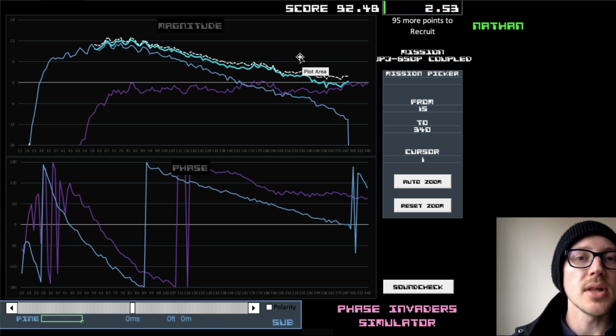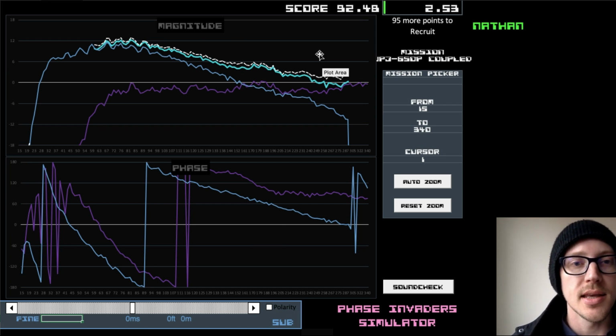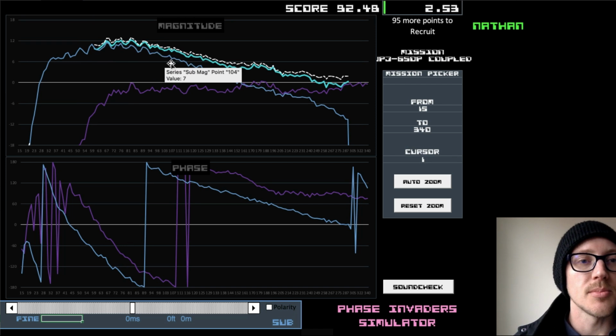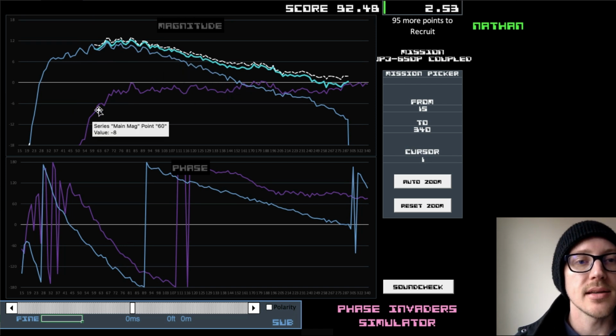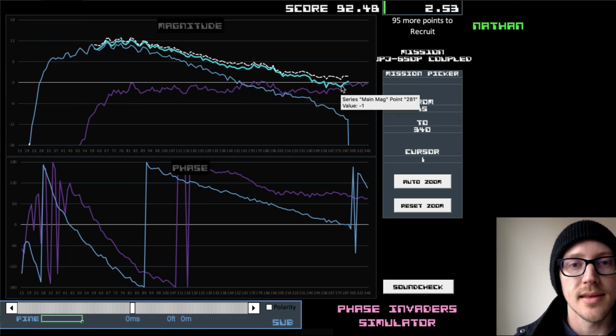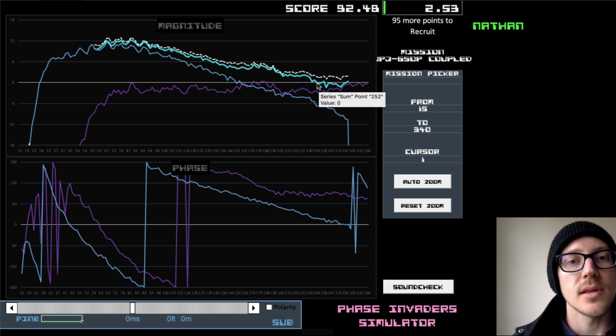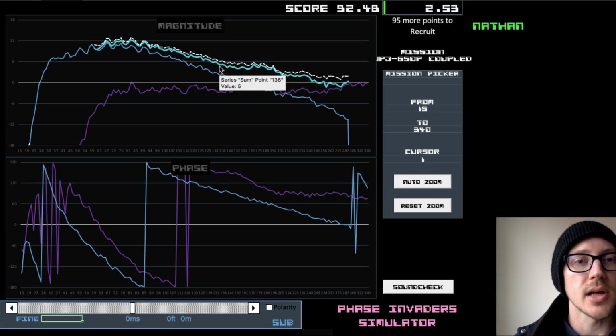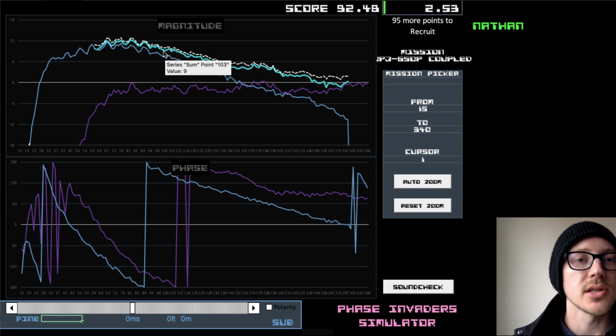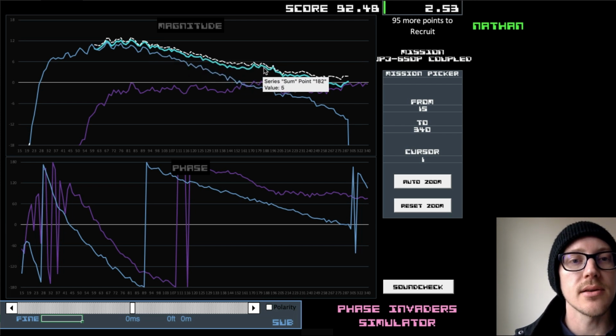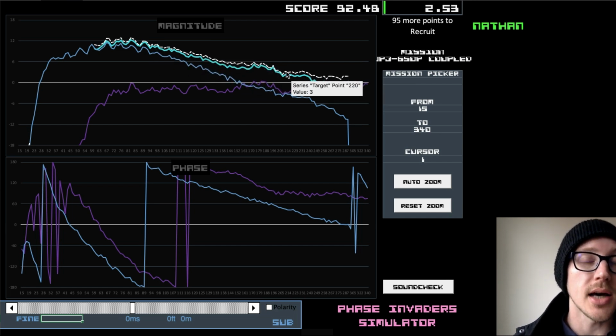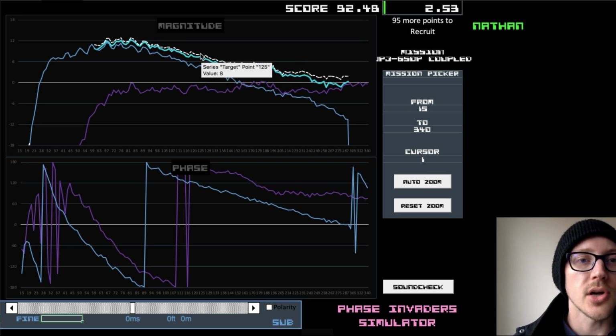So here we're simulating a main sub-alignment, and I've got a magnitude and a phase graph, and I've got my sub on the blue trace here, and my main on the purple trace, and this teal trace here is the complex summation. It's the current summation if we were to turn these both on together and measure them, and this white dotted line is our target.